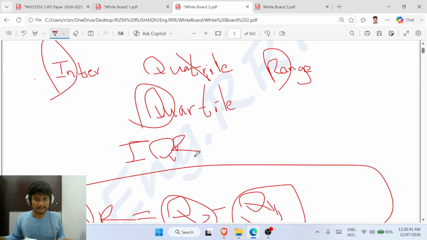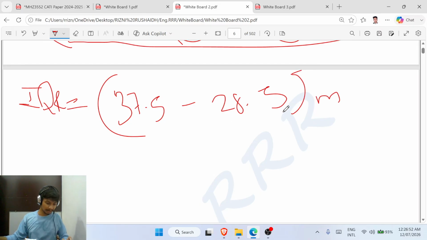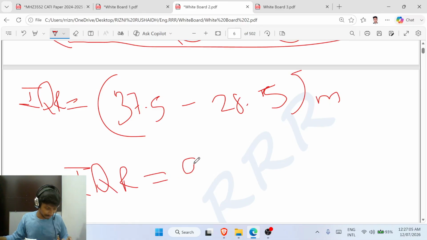So 37.5 meter minus 28.5 meter. If you subtract, you will get the final answer that IQR is equal to 9 meter. This is the interquartile range.